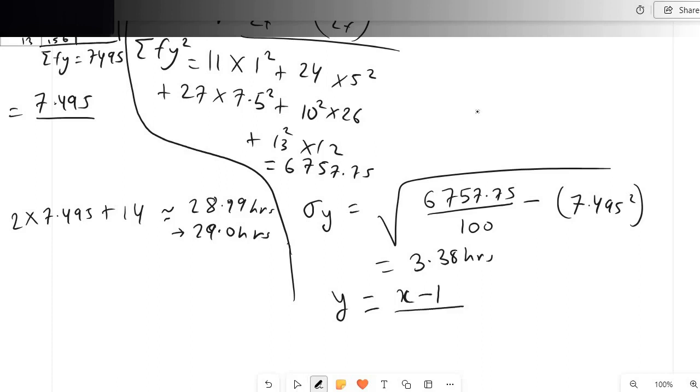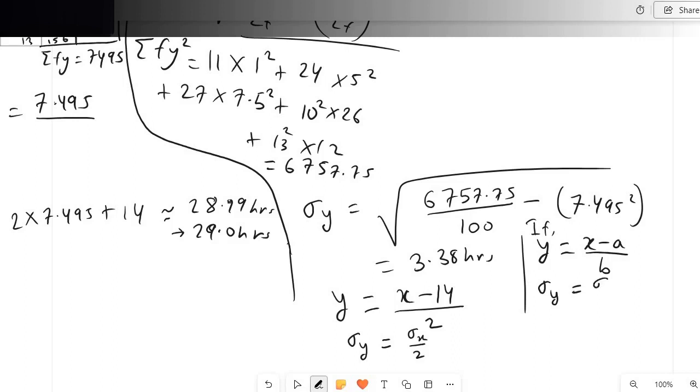Now if you remember, the formula for y was (x minus 14) divided by 2. So we can say that the standard deviation of y is going to be equal to the standard deviation of x divided by 2. Because if y is equal to (x minus a) divided by b, then the standard deviation of y is going to be the standard deviation of x divided by b.